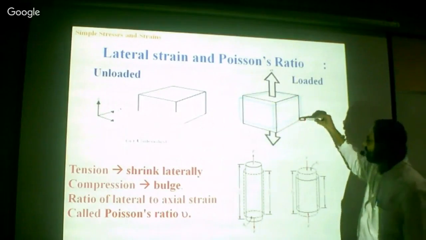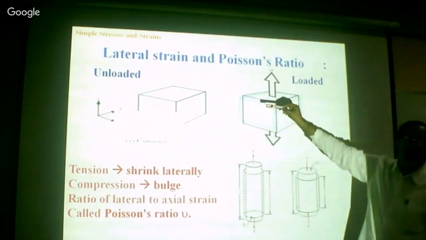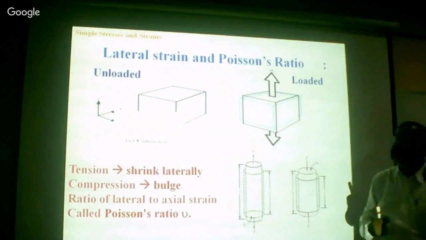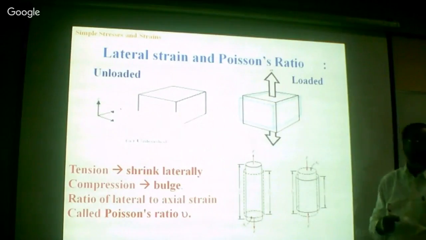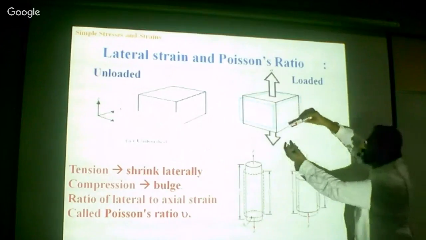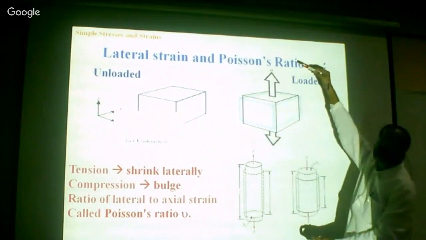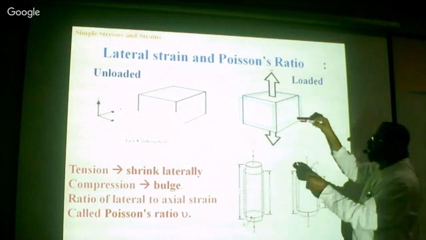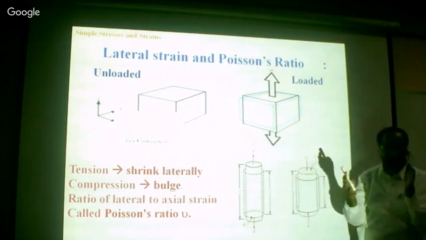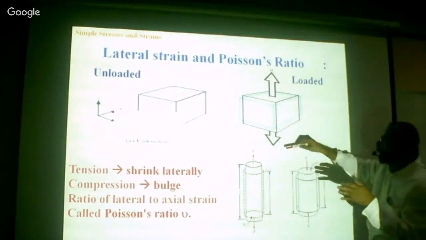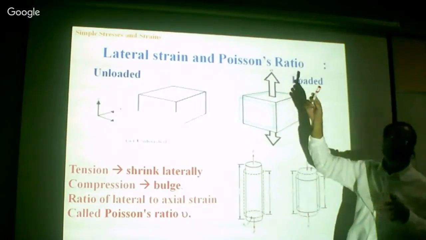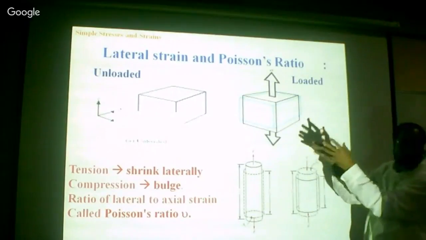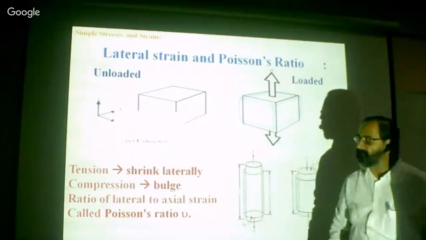There are three dimensions, three changes in dimension. Now one thing I would like to highlight here: the length increases, whereas the lateral dimension gets decreased. Therefore, one is positive, the other two are negative.